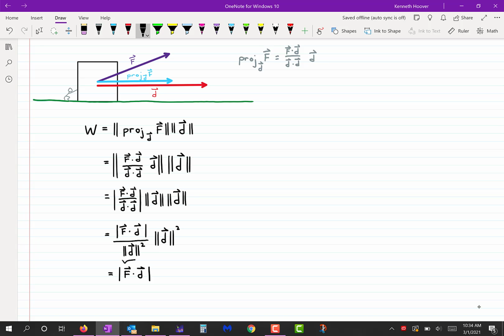Well, this number here is never negative, right? It's an absolute value. So what I have here, the absolute value of F dot D, isn't actually work. It is the absolute value of work.